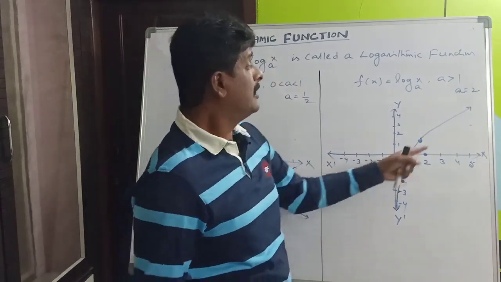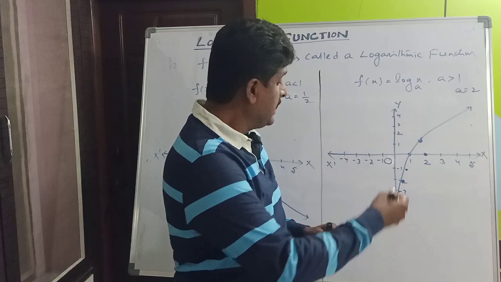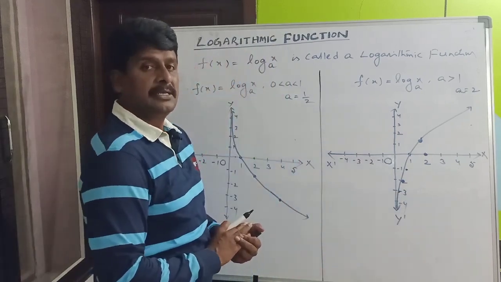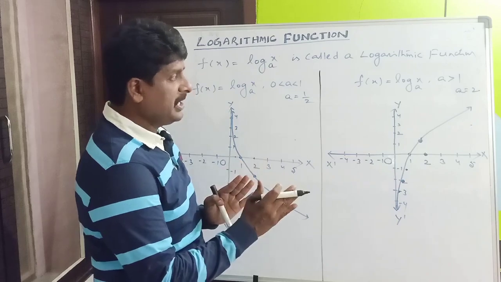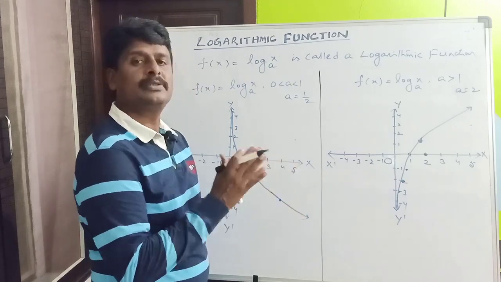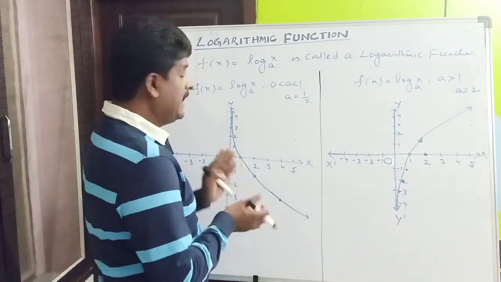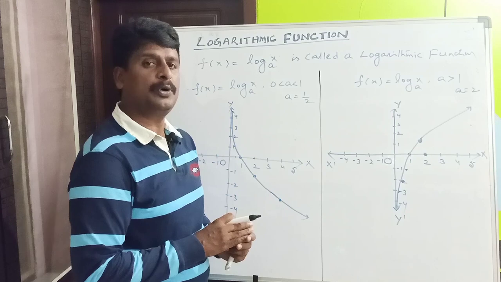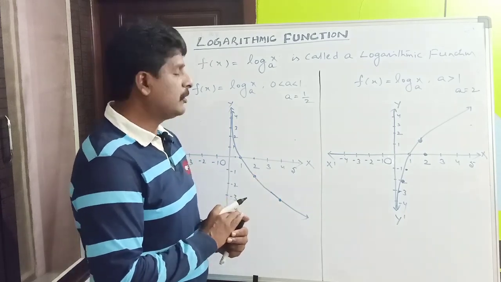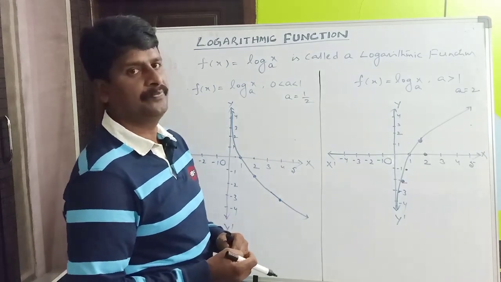Observe that here the graph of the logarithmic function is asymptotic to the negative y-axis. So a power x and log x base a have a close relation. Their graphs are symmetric about the line y is equal to x because both are inverse functions of each other.